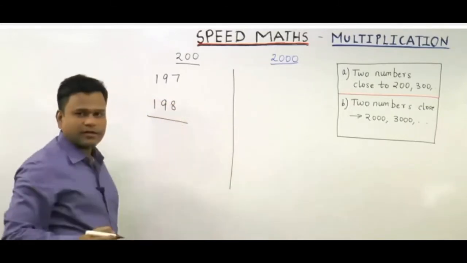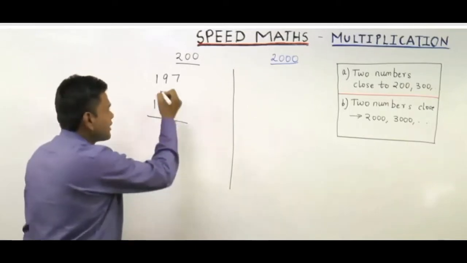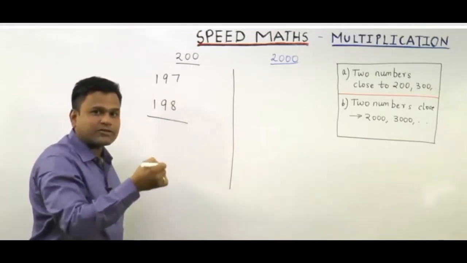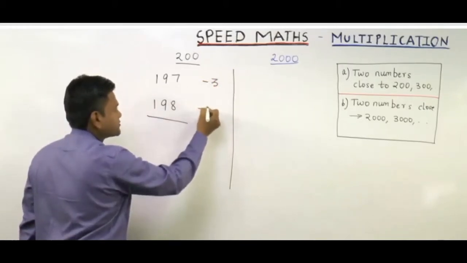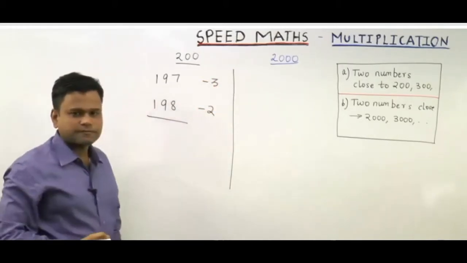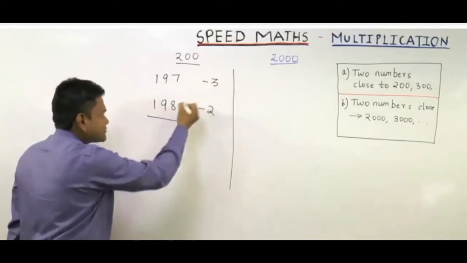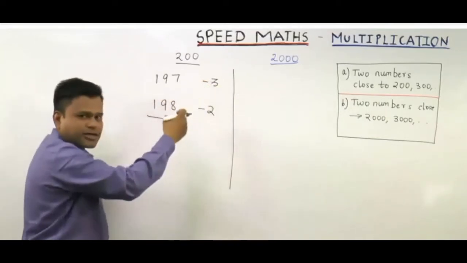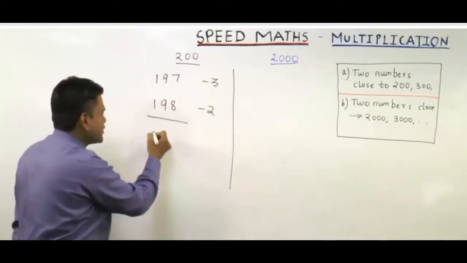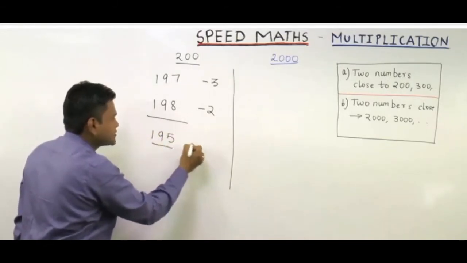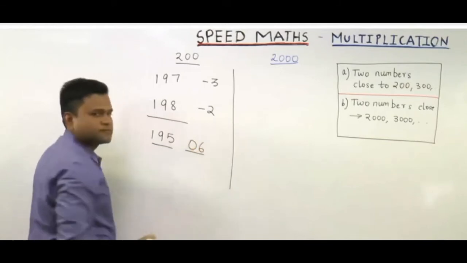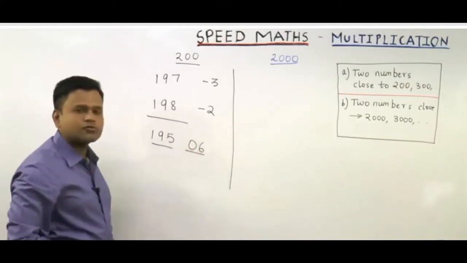We need to multiply. The number here is less than 200 by 3, so minus 3 here, and this one is minus 2. The same approach. 197 added to minus 2, that means effectively we are subtracting. You get this as 195, and this one is 06. By now this point is very clear, we have to have a 2-digit format.